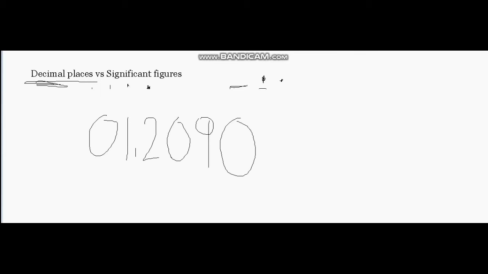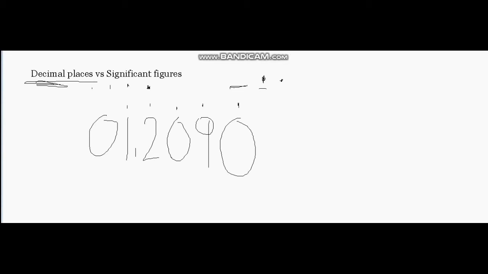Of course, like I said, we can't count 0 as the first significant figure, so we go ahead and we count 1 as the first, then we count the 2, 3, as in the 0 is the third one, then the 9 is the fourth, and the 0 is the fifth one. So you can count all the zeros except if it's the first digit. If 0 is the first digit, it cannot be counted. So we'd have to start from the 1 and we would get this to have 5 significant figures.